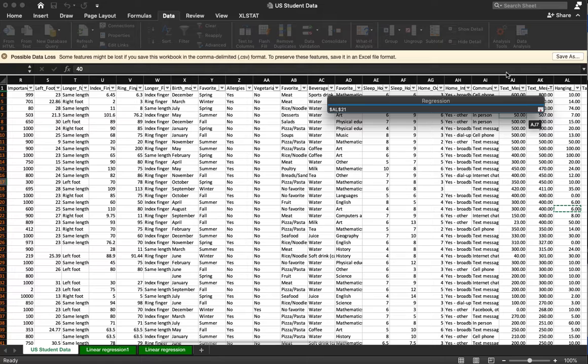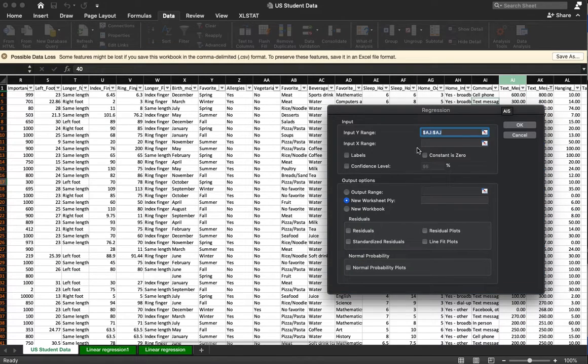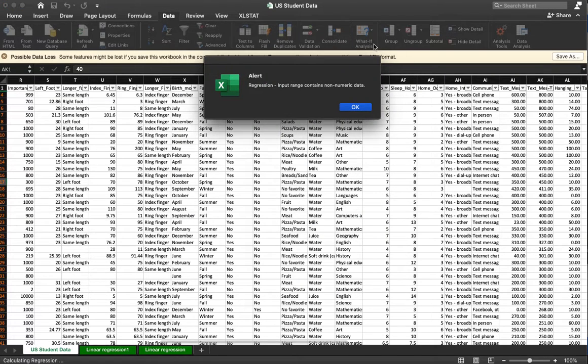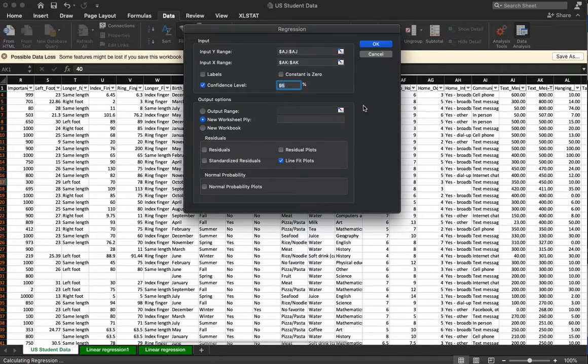Okay, number of text messages sent. My x values are number of text messages received. I want a confidence level, and let's go ahead and see a line fit plot. Oh, look, up labels.